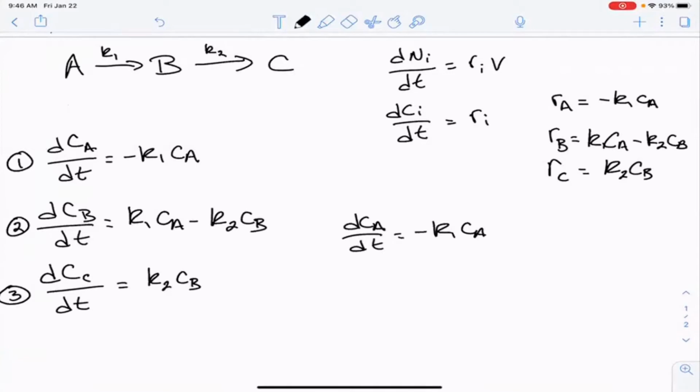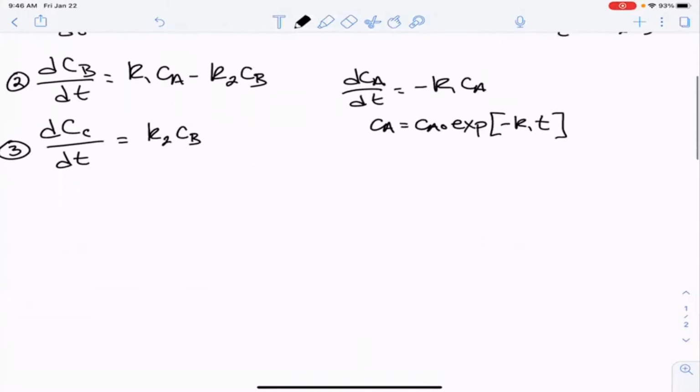If dCA/dt is minus K1 times CA, we solved this already to find that CA was simply equal to CA0 times the exponent of minus K1 times time. Essentially we did that by dividing both sides of the equation by CA, multiplying by dt, and then integrating those two. I believe that's in lecture 2. You can go back and find that solution in your notes. So we'll just take that as, yeah, we already know how to do this.